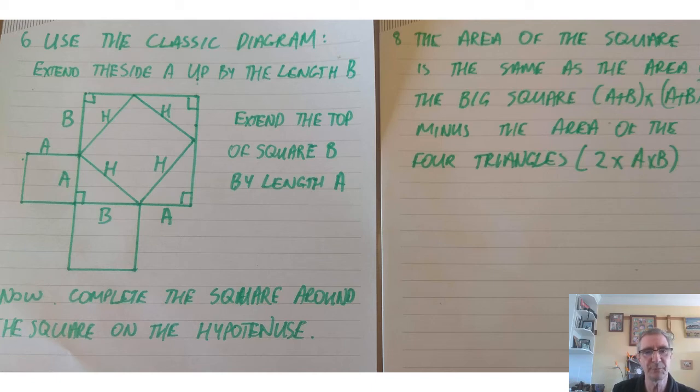So if we take away those four triangles, we're left with the area of the square on the hypotenuse. So we say the area of the square is the same as the area of the big square all the way around minus the four triangles. This is a time where, if you want to come back to it later, you can cut it out with scissors and take away those four triangles.